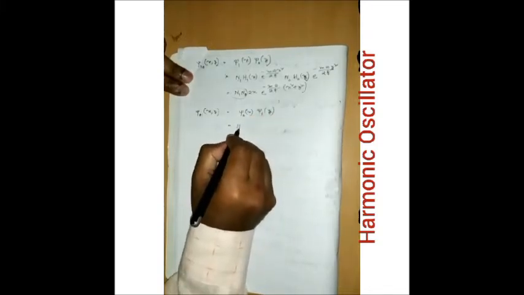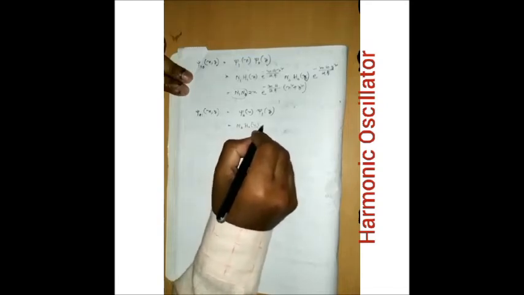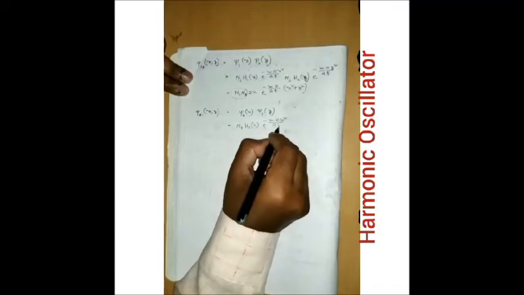So for psi 0 x, n naught is the normalization constant, a0 x equal to 1, times e to the power minus m omega x squared upon 2h cut.